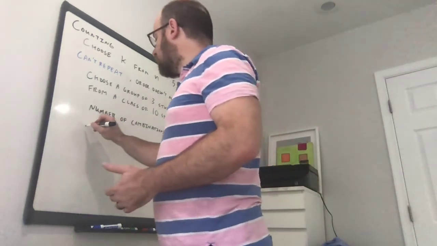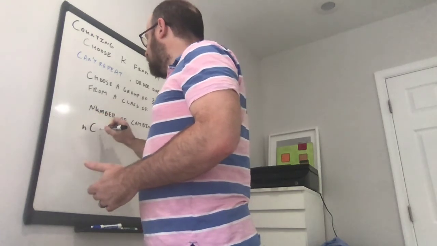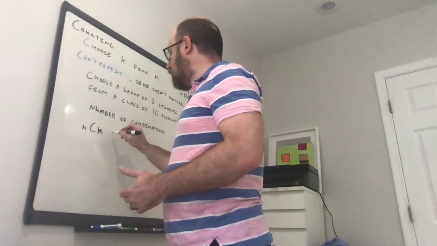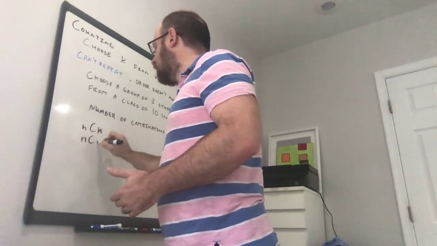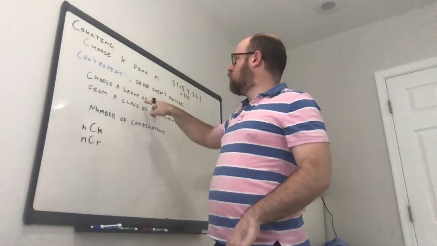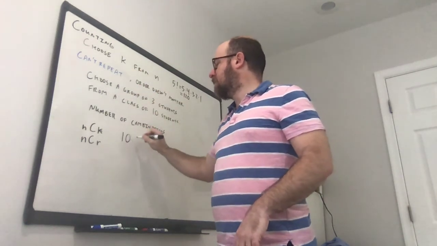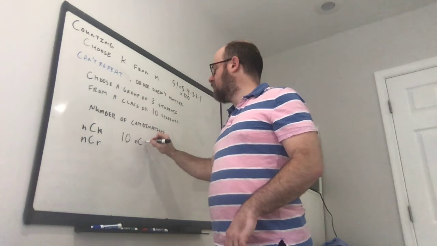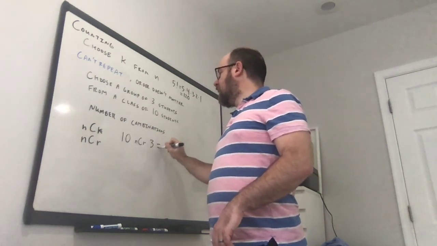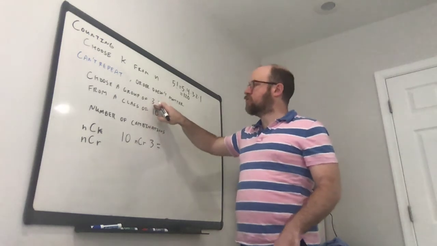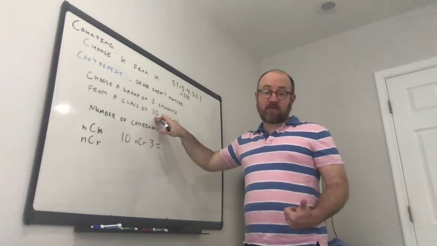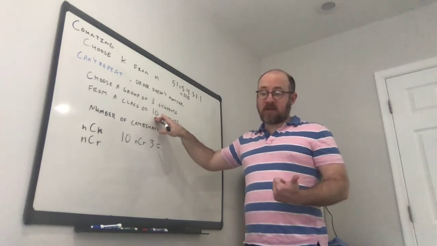In your calculator, it's going to be something like nCr or nCk, depending on exactly what they do. But if you do 10 nCr 3 in your calculator, it will give you the number of ways of choosing 3 from a group of 10 if order doesn't matter and you can't repeat.